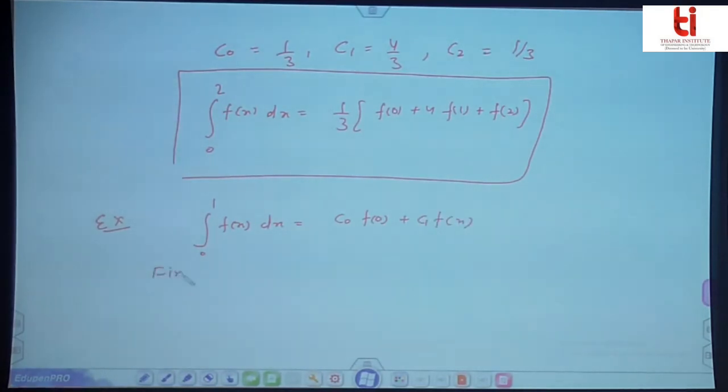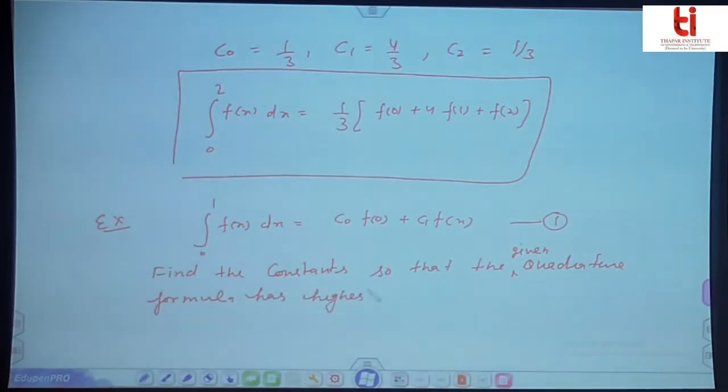Find the constants so that the given quadrature formula has the highest possible degree of precision.